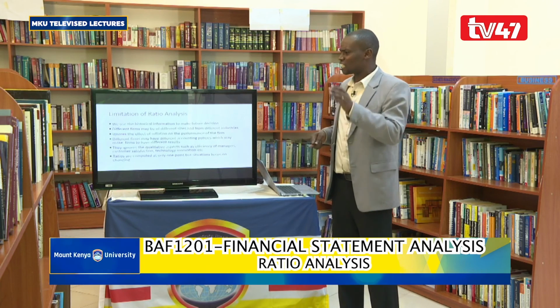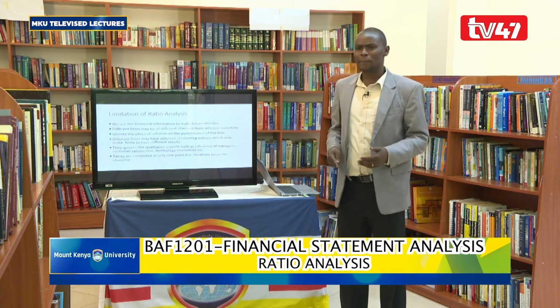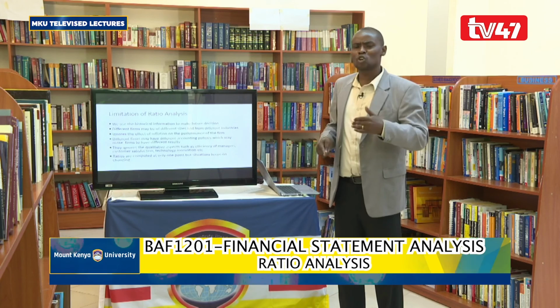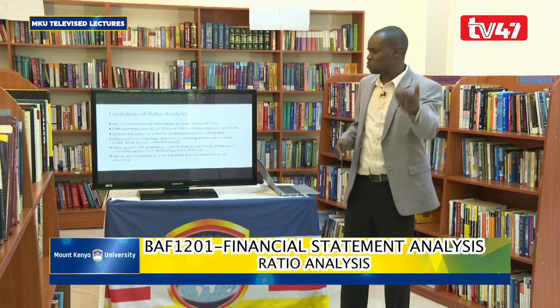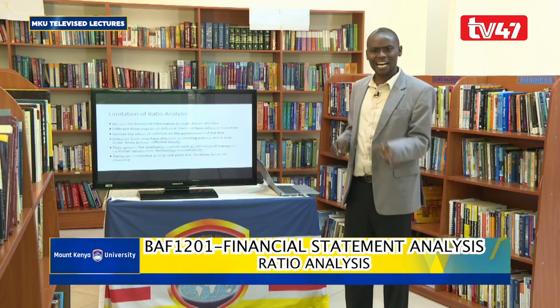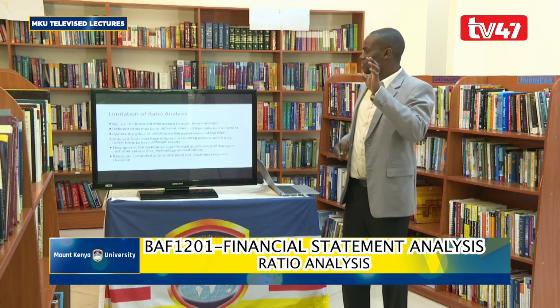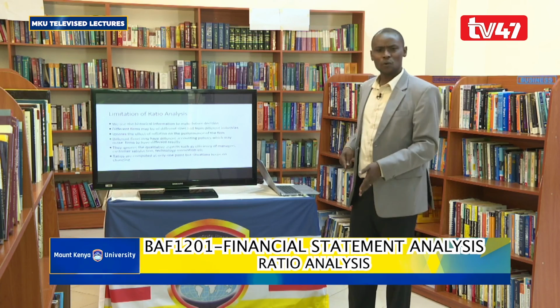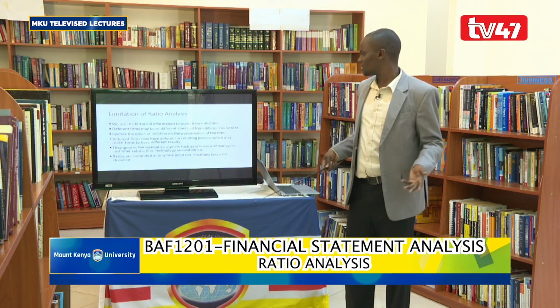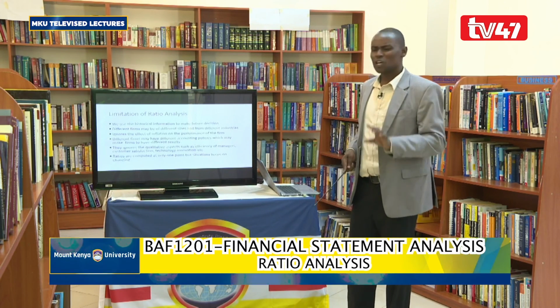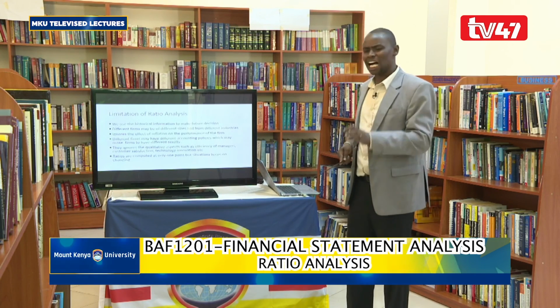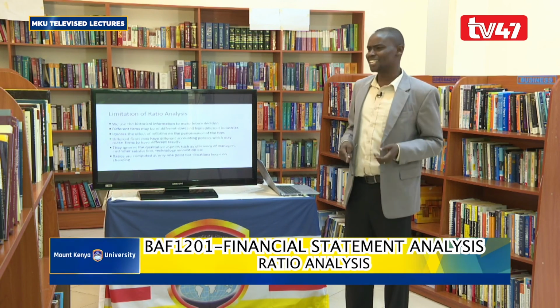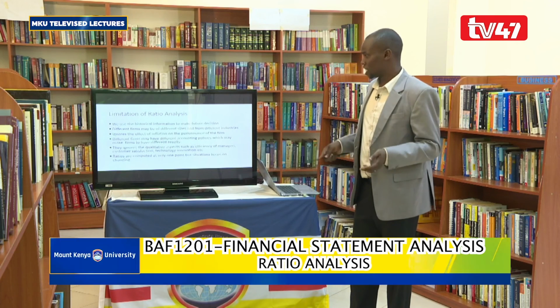That's the asset that you have on the 1st of December, but you don't know what is going to be there on the 1st of January. Probably we have so many assets on the 1st of December, or when you close the year, but when you started the year, we had half of the assets. The situation is going to change. So ratios are just computed at one point, but the situation may keep on changing.